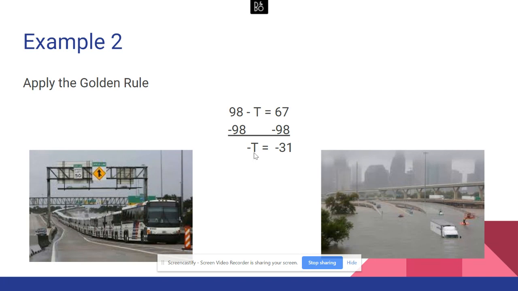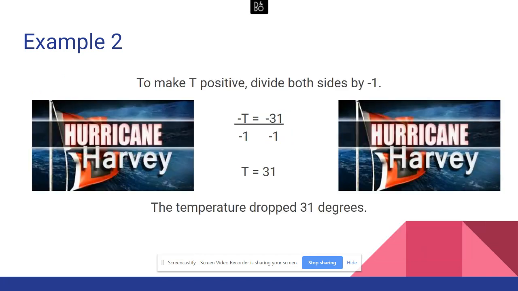Okay, but this t, it looks like it's isolated, right? There's just a t, but there's also this negative. So a negative in front of it is like a negative 1 times t. And we want to get rid of the negative 1. So if it's negative 1 times t, we want to do the inverse and divide both sides by negative 1.